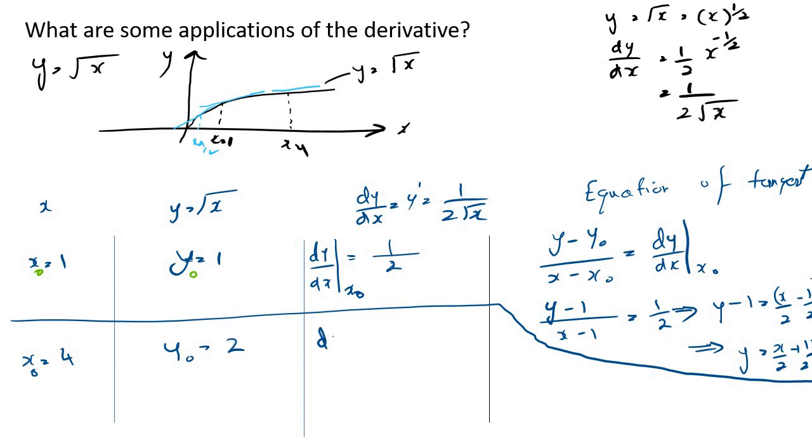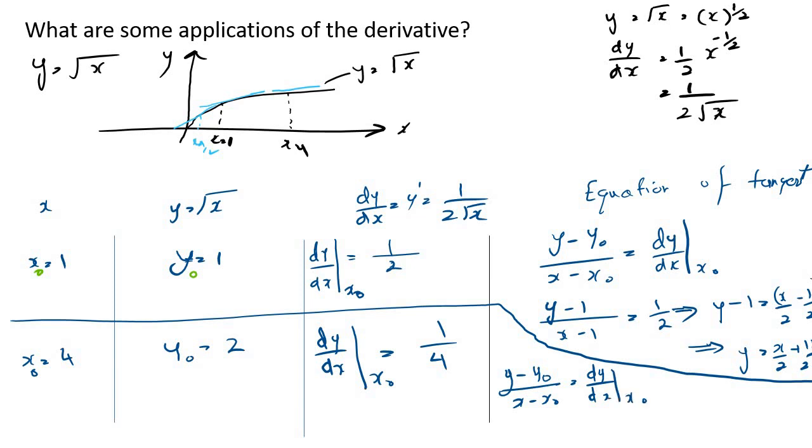Then dy over dx, the gradient at x0, here where x0 is 4, is equal to 1 over 4. So let's get the equation of the tangent, which is (y minus y0) over (x minus x0) is equal to the derivative at x0.